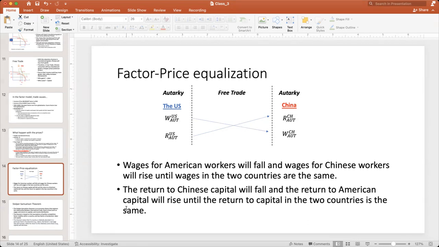Of course, as you could read in the book, there are some limitations of this factor price equalization. If the world were completely open, we should expect the same prices of the production factors in every single country. However, we know that this is not true. We know that the levels of wages in the US are higher than, I don't know, Uganda, right?